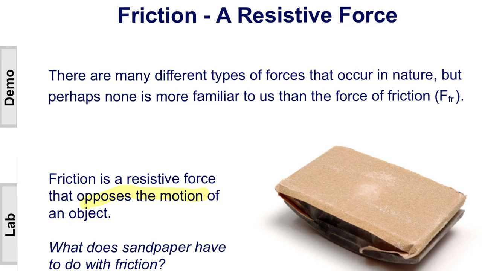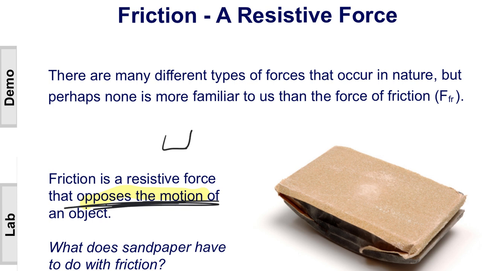So, friction, rub your hands together like that. You can feel the heat coming off because of friction. So, friction always, as we said before, opposes the motion or the velocity that the object has.